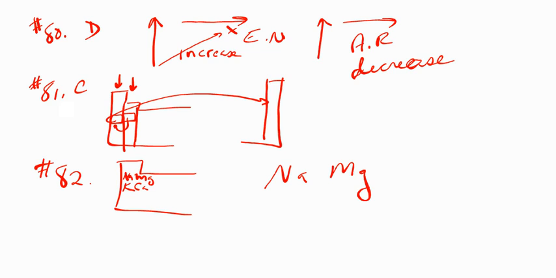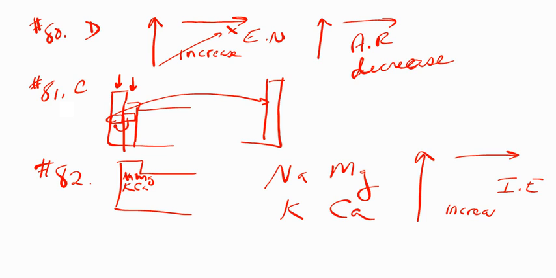Which one is the easiest to remove? Once again, if you play this game and you look at ionization energy, as you go up, the ionization energy increases. Does that mean it's easier to remove or harder to remove if the ionization energy increases? Harder. It takes more energy to take it off. So therefore, the lower they are, the easier it's going to be.